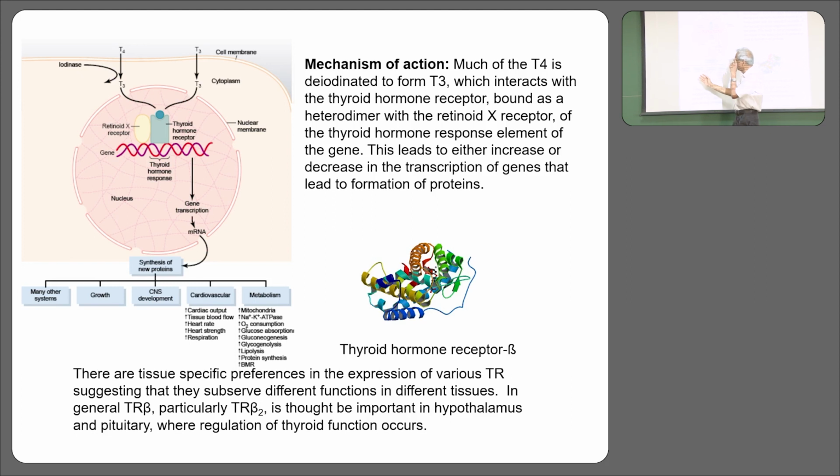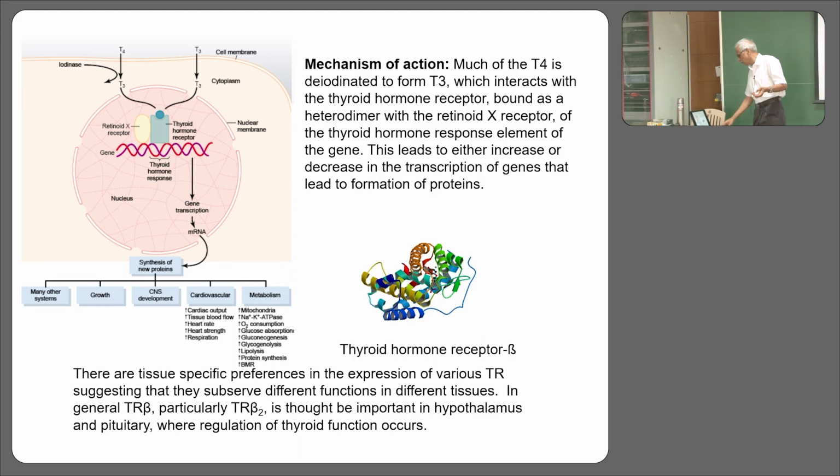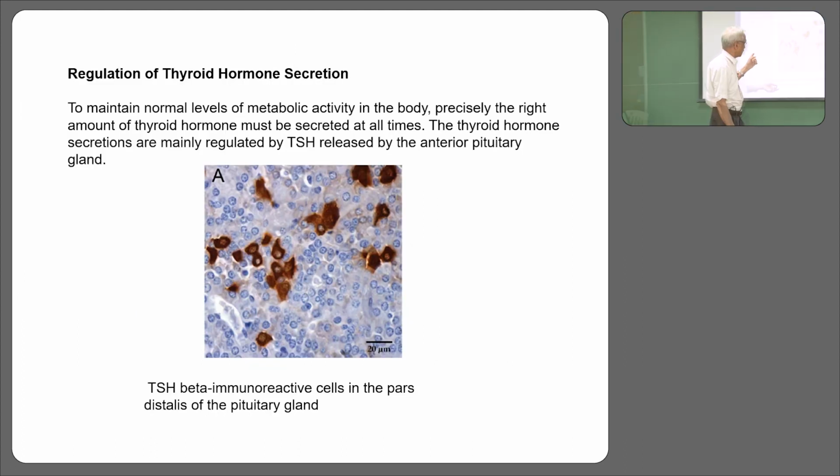I can read many other systems: growth, CNS development, cardiovascular, metabolism, sodium potassium pump, oxygen consumption, glucose absorption, almost every biological action you can think of is accelerated by way of this. This I will show you.